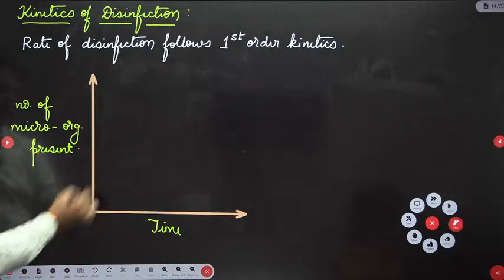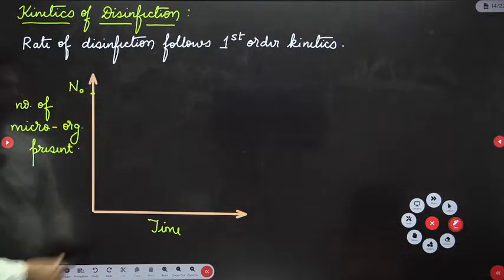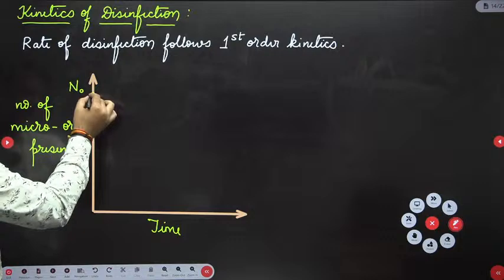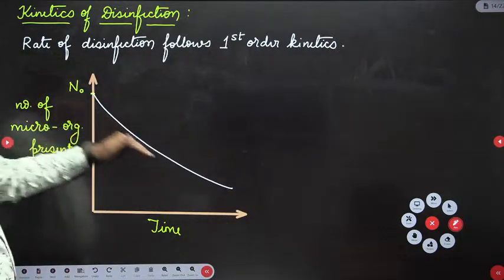Initially, if N naught amount of microorganisms are present in the system, the number of microorganisms will keep on decreasing as more and more disinfection is carried out in the system.